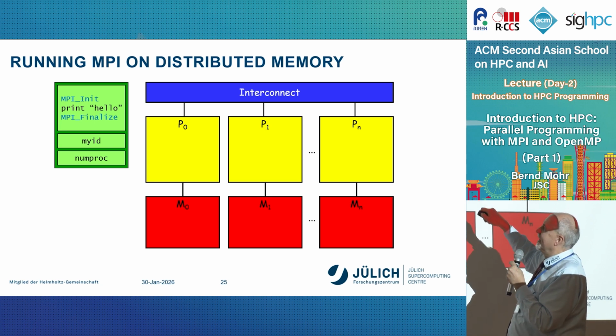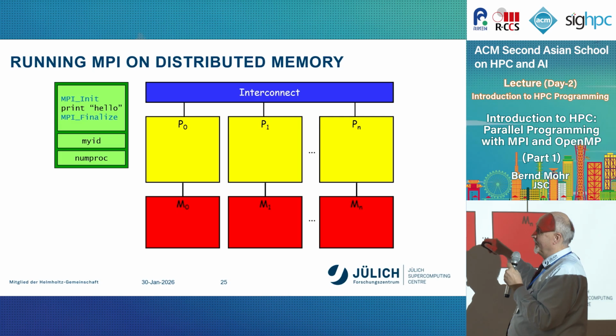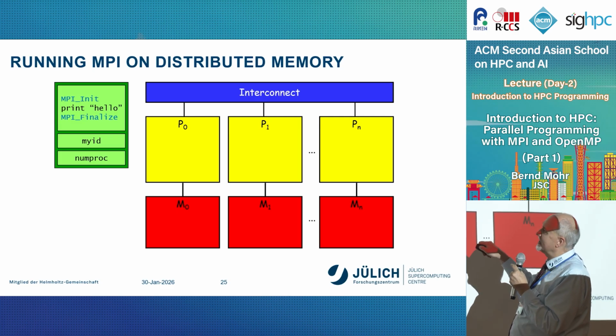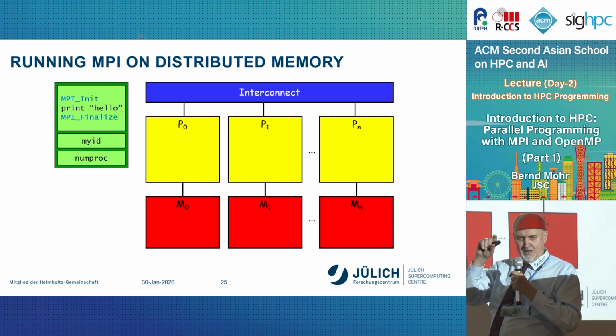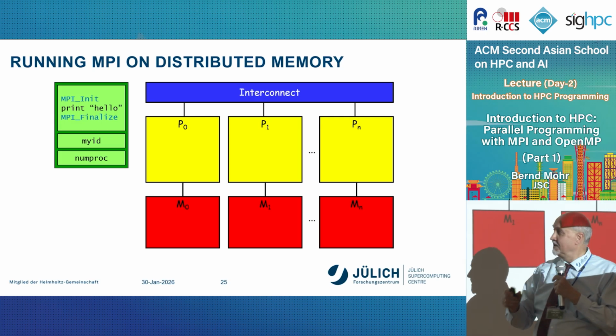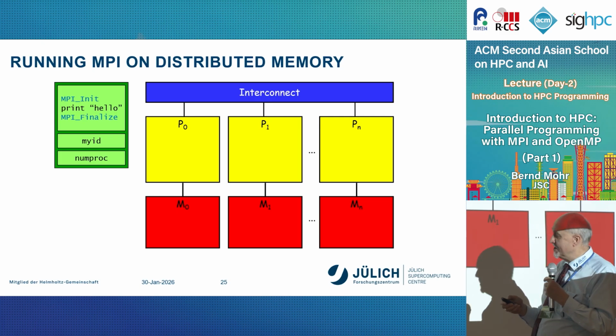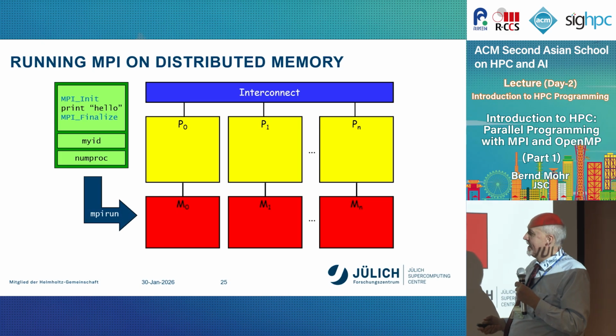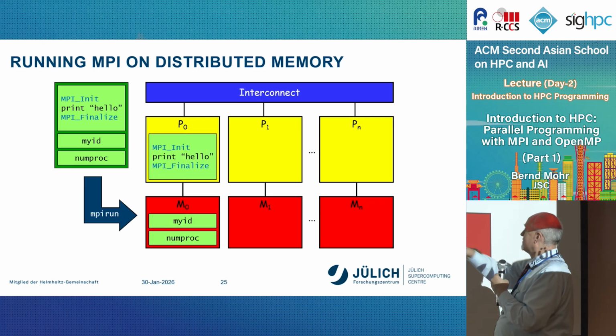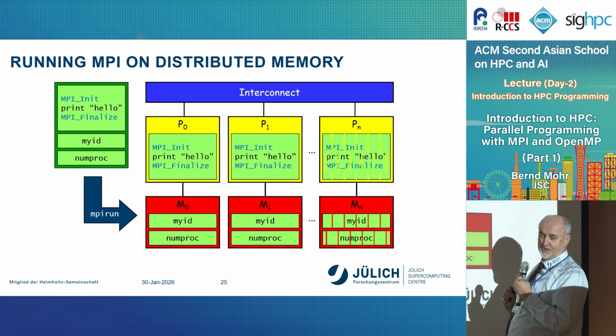I just make a little icon here. Because they are local variables in the main function, these are on the stack. There are two spaces for my variables, one to store myID and one for numproc. Now I use mpirun and say run it on n processors.